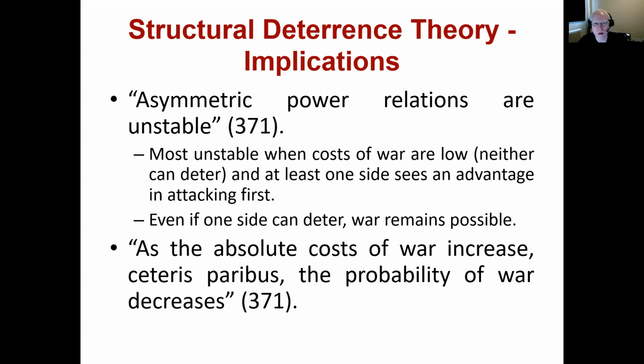Because of the balance of power, war was always going to be difficult. Structural deterrence theory comes down on the balance of power. Symmetric power relations make war less likely, and combined with high cost of war making war less likely, it could be a very stable relationship.